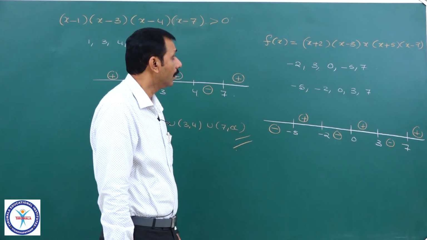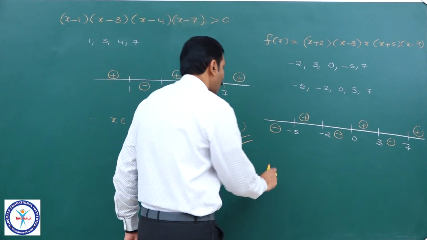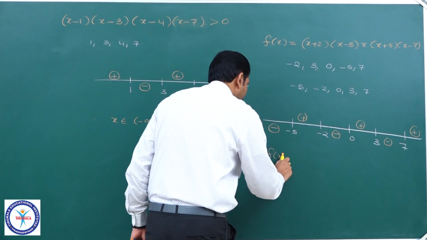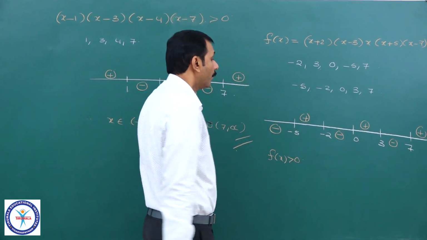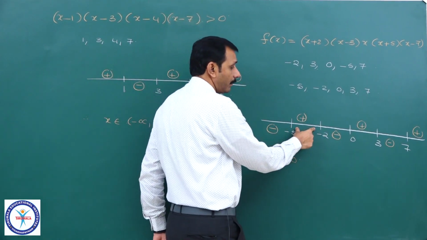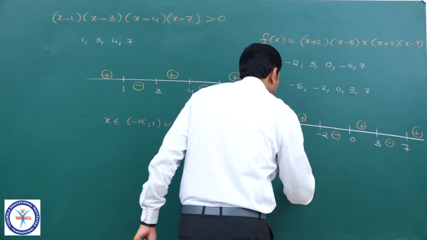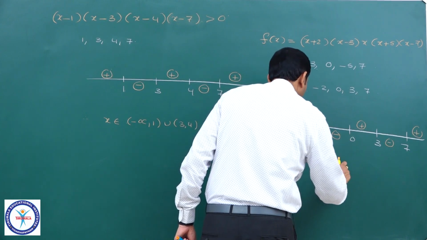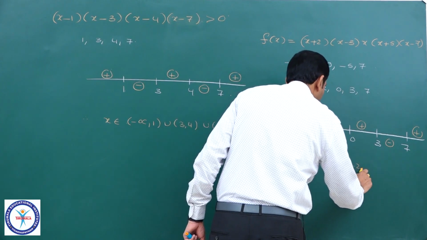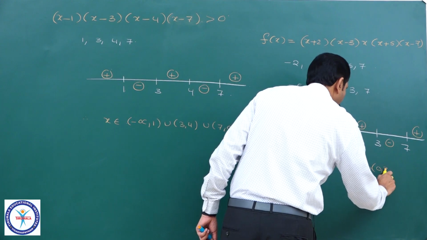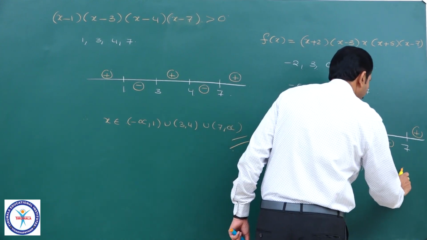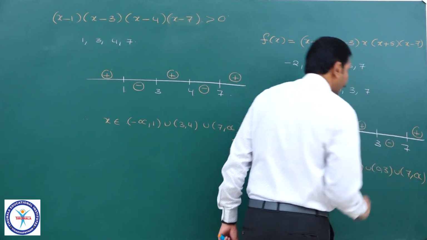That's all. Now I want values of x for which f of x is greater than 0. Where it is positive, here it is positive, here it is positive, after 7 also positive. That implies x belongs to (minus 5, minus 2) union (0, 3) union (7, infinity).